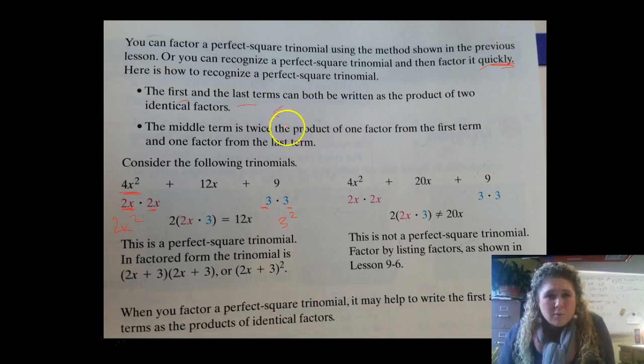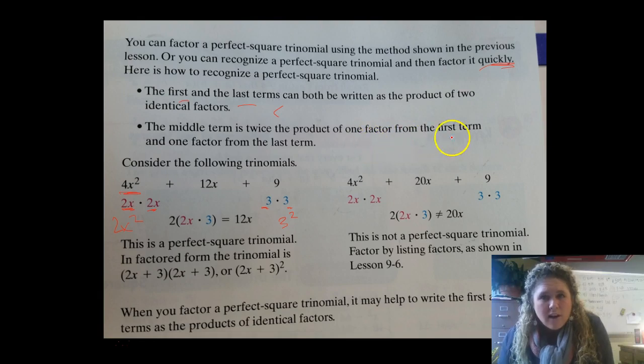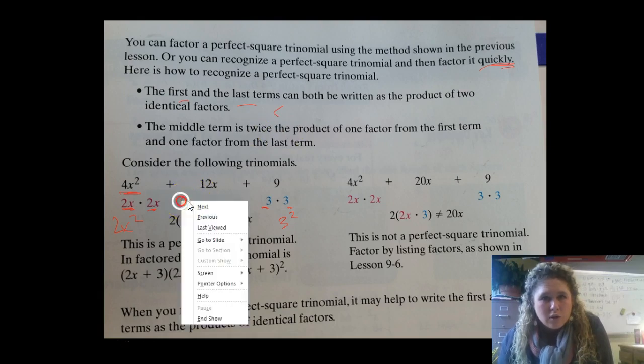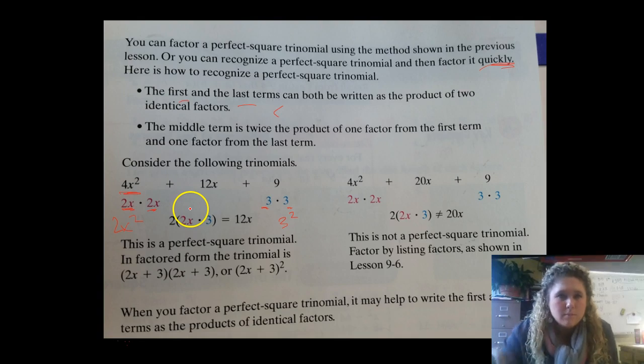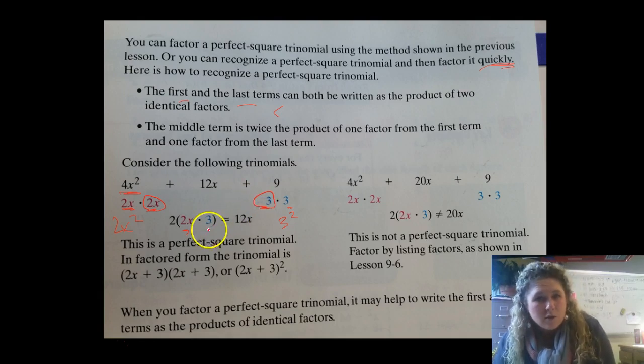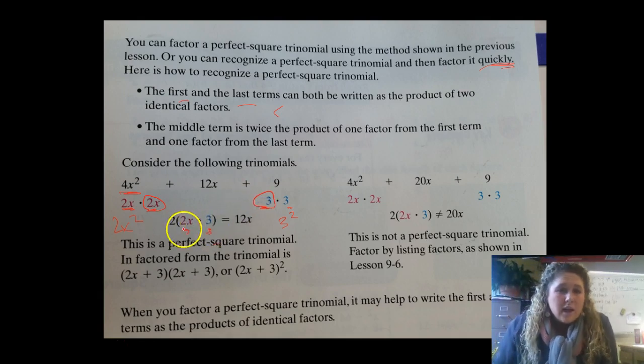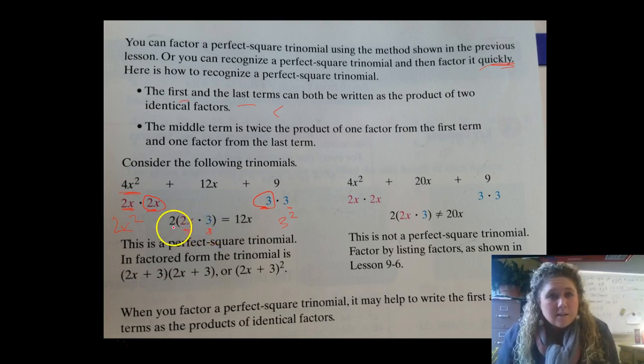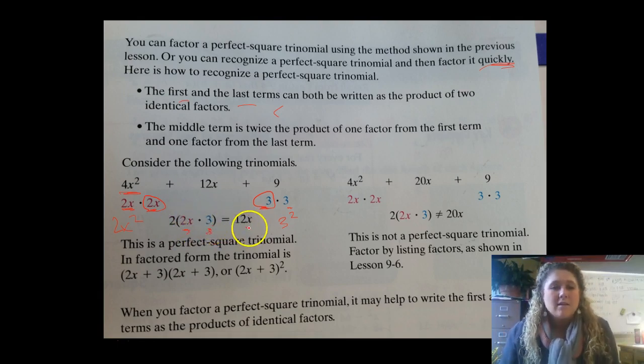Now the middle term is twice the product of one factor from the first term and one factor from the last term. So twice the product, we know that's 2 times 1 from the first, you can see that in pink, and 1 from the last one, which is 3. 2x times 3 is 6x. 2 times 6x is 12x.